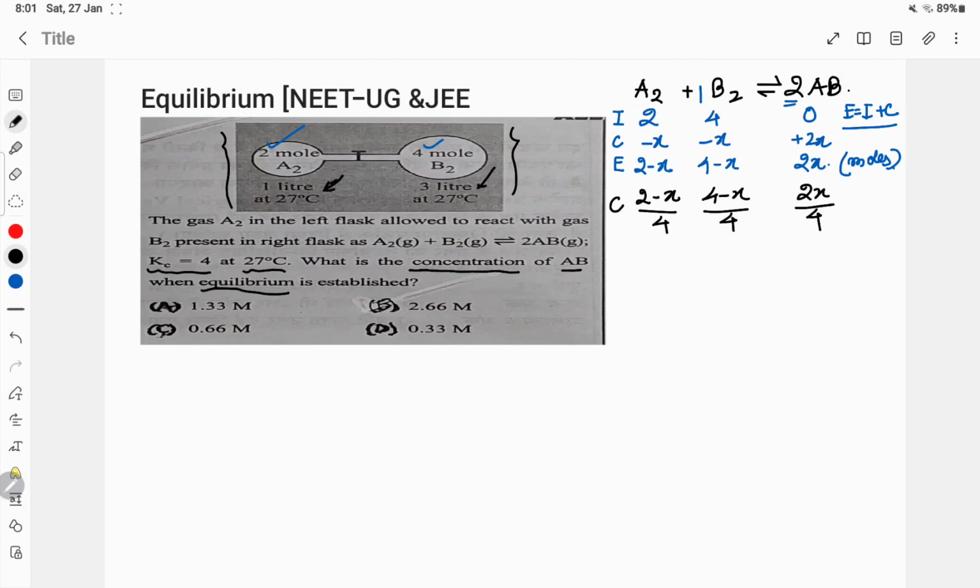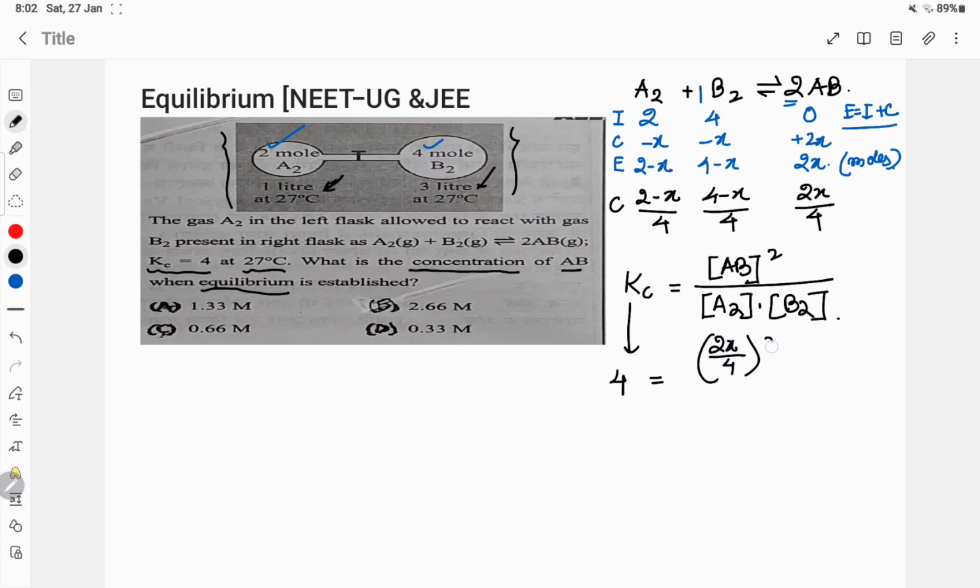Okay, the value of Kc is given as 4, so let's write Kc is equal to AB square divided by A2 B2. Kc 4, then AB is 2x by 4 whole square, divided by 2 minus x by 4, 4 minus x by 4. Okay, this is the Kc expression.